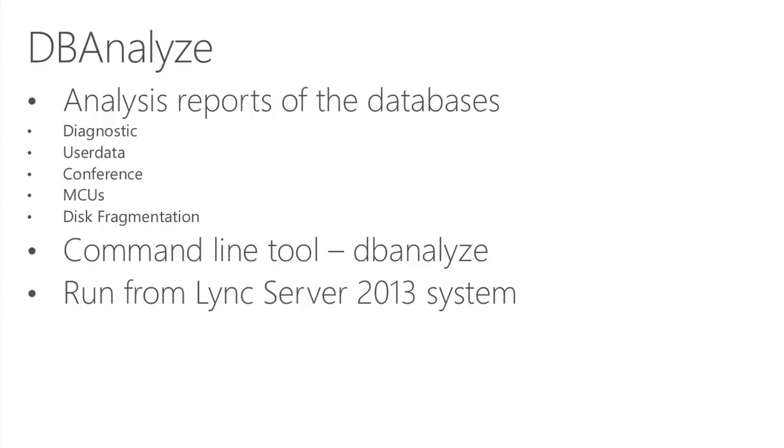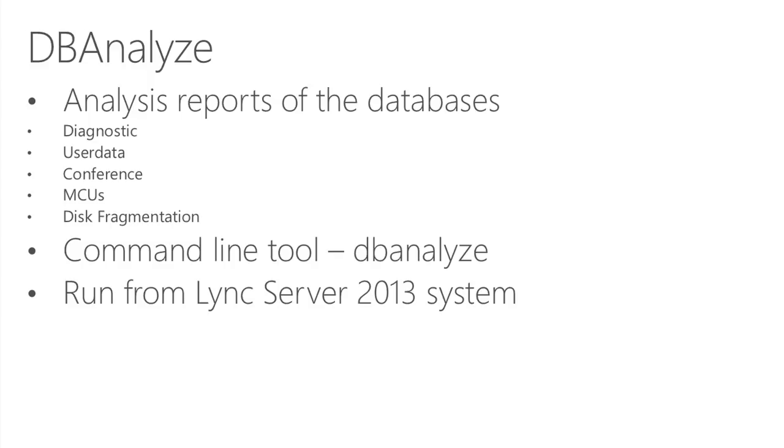DB Analyze is the one tool that's a command line tool, so I haven't got a screenshot. But it allows us to see some reports on the databases that we have: diagnostics, user data, conference, MCUs, and disks. Probably the most useful one I find is the MCUs one, because it gives you the status, how many people are being connected to each MCU on each server.